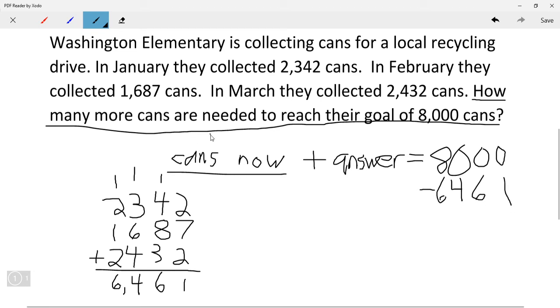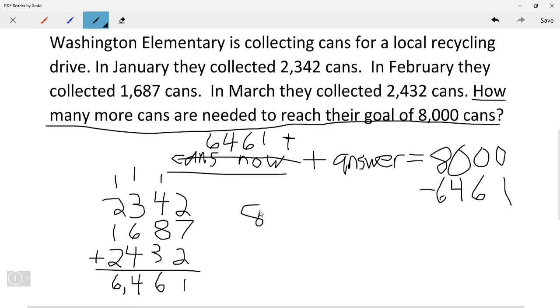So 6,461 plus the answer equals 8,000. And if we know anything about fact families, so a number plus blank equals another number, equals 8,000.